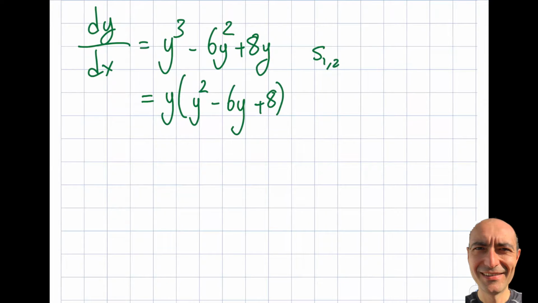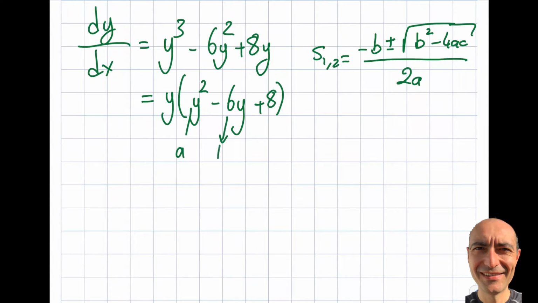The roots of a quadratic equation can be found like that: minus b plus minus the square root of b squared minus 4ac, divided by 2a, right? I recommend you memorize this. Like I said, I'm sure many of you did remember this, but I'm indicating. So this is a in front of it, this is b, a is 1, that's what I'm trying to say. C is 8, okay?